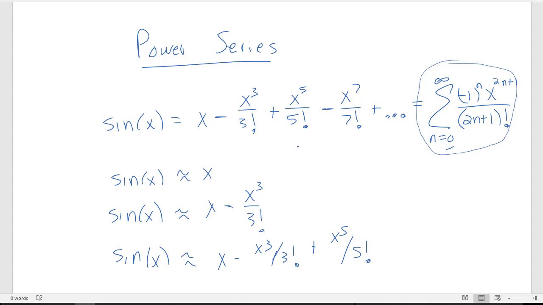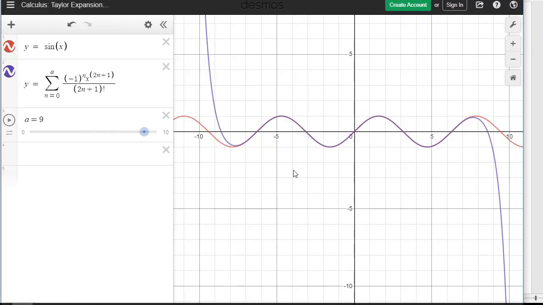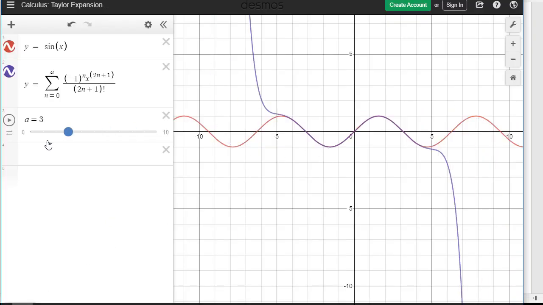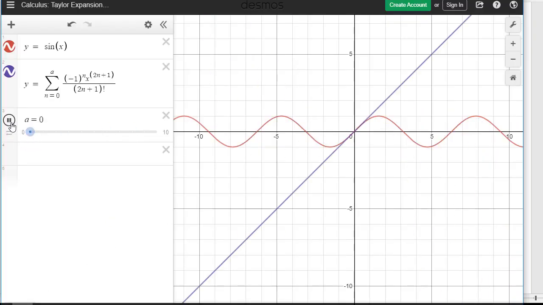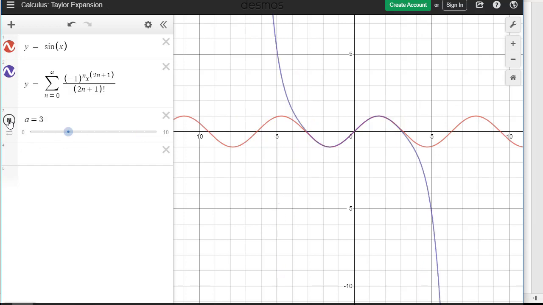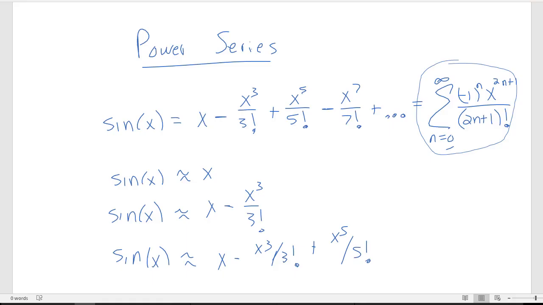If I were to keep going forever and ever, we're going to see that convergence spread, and we're going to get exactly the sine function. It's a really cool visualization where, let me hit the play button, we can see as we add more and more terms, that convergence spread. So we get this sum of polynomial terms that are approximating the sine function.